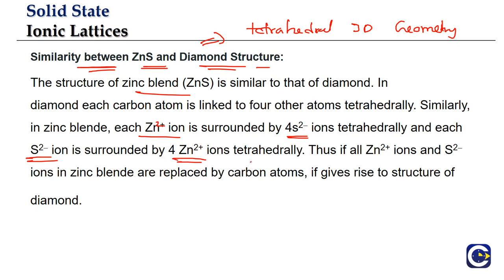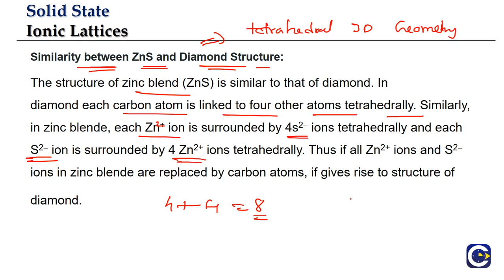Now in diamond, all the cation places and all the anion places are occupied by what? They are occupied by the carbon atoms. Means each carbon atom will be linked to how many? 4 other carbon atoms in tetrahedral manner. So as a result, the total number of carbon atoms in the unit cell is going to be what? 4 plus 4, 8. So in a diamond, the number of carbon atoms per unit cell is 8.